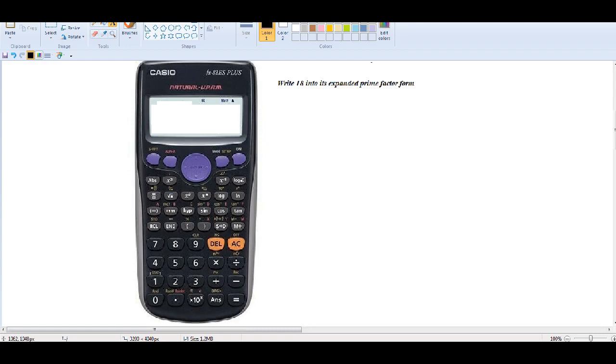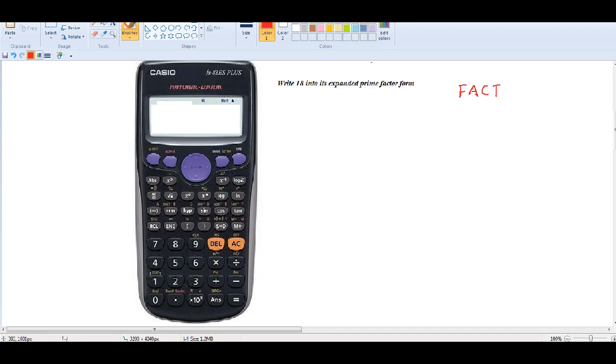There's a very interesting function we use, the FACT function. That function actually comes from factorize.